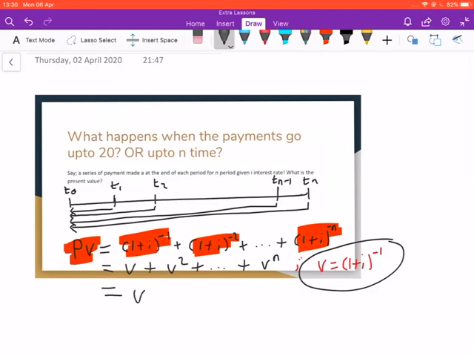So you will have the first value, V, and the ratio, which is V, because term 2 over term 1 will be V. So that's our ratio. So you will have V times 1 minus V to the power n over 1 minus V.